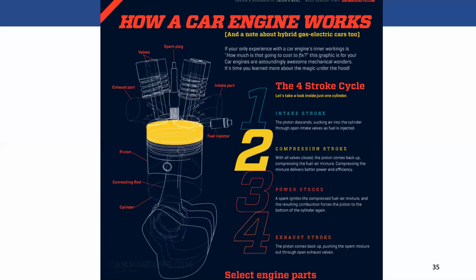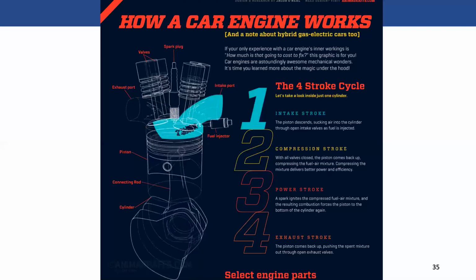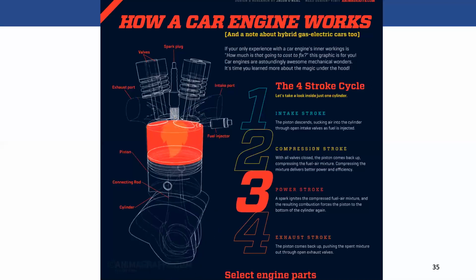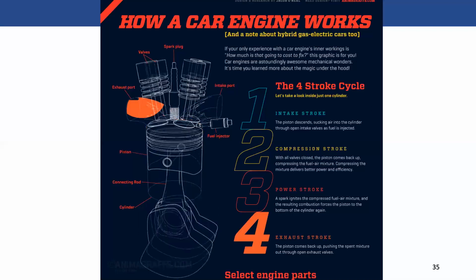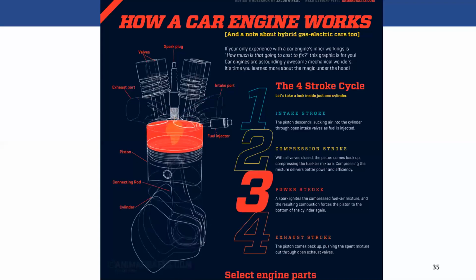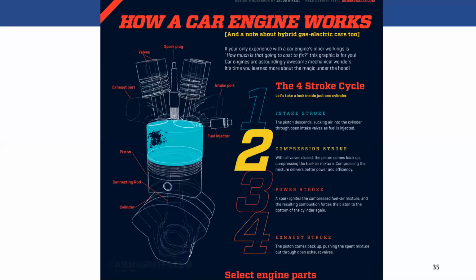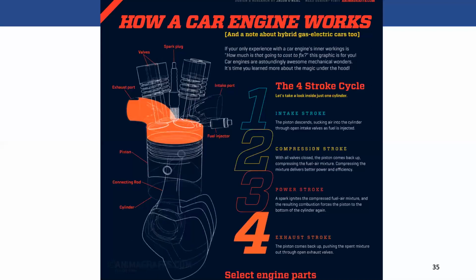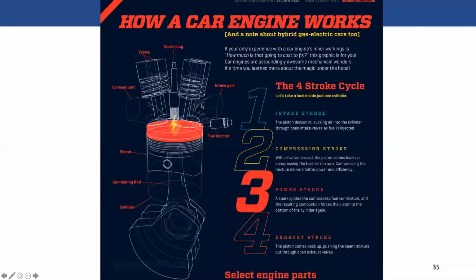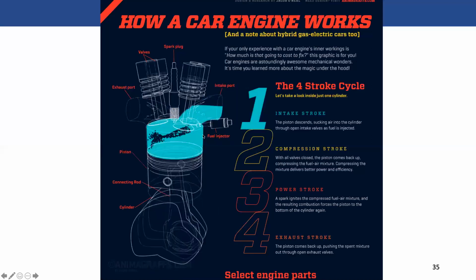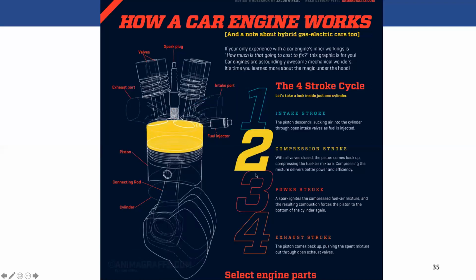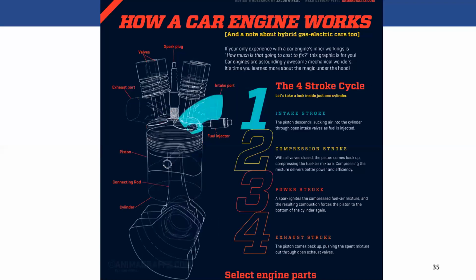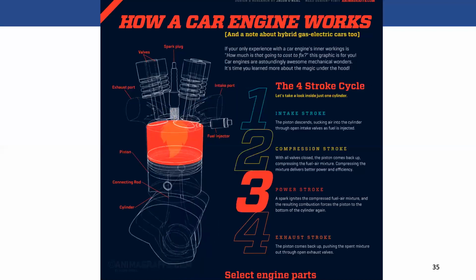The piston goes down, which sucks air into the cylinder when the intake valve is opened. At the same time that the air is getting sucked in, you have this item over here called a fuel injector, which injects aerosolized fuel, aerosolized gasoline, into the chamber of the piston.